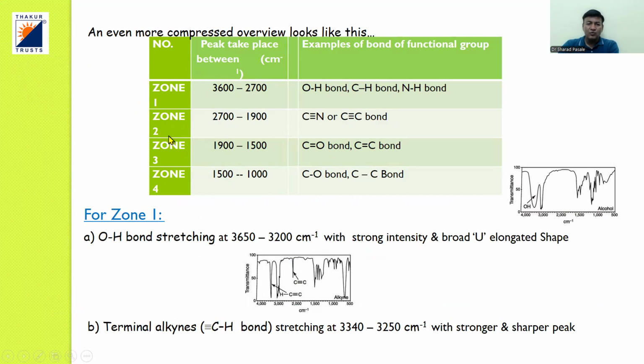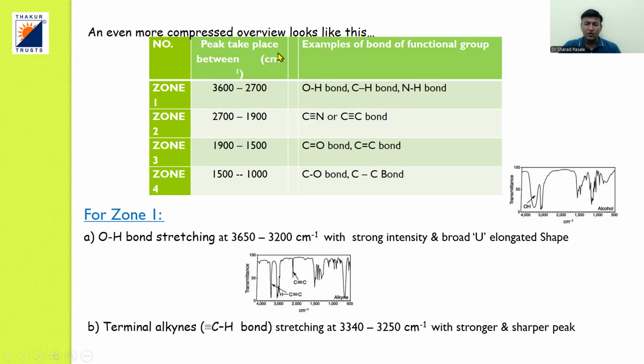See zone 1, 2, 3, 4. The first zone is more than 2700 up to 3600. Here you will find only the stretching frequencies of CH, NH, and OH. Obviously OH is highest, then NH, and then CH.